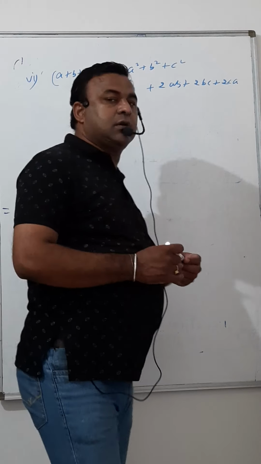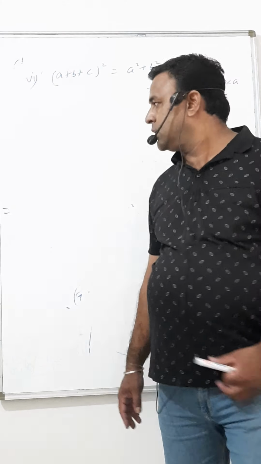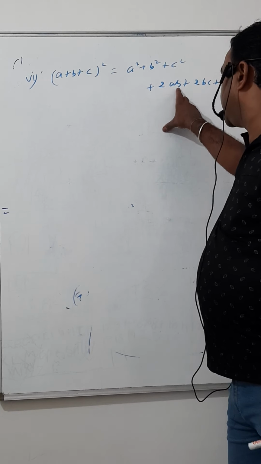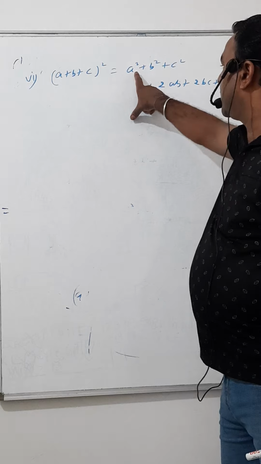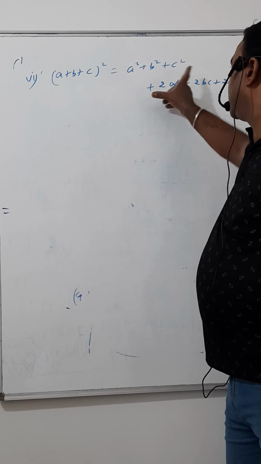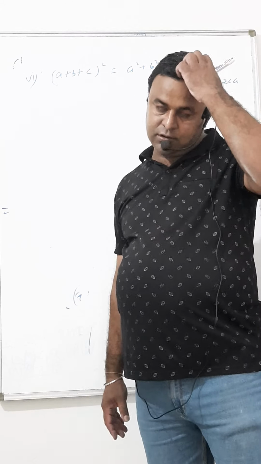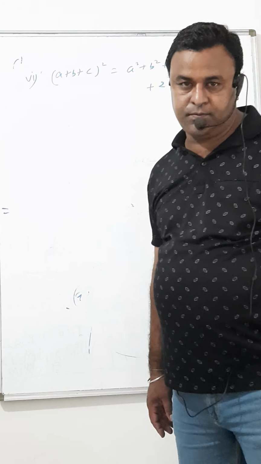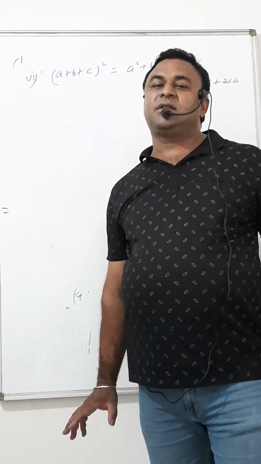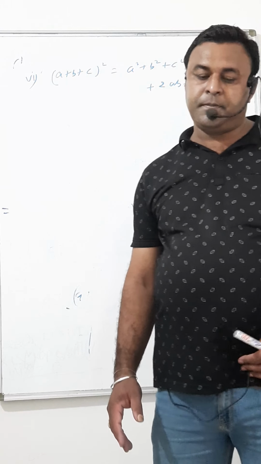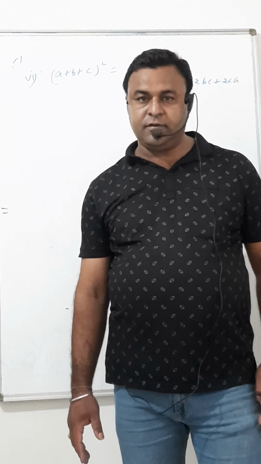Look, every term has order 2. Here the power of a is 1, the power of b is 1, so the order is 2. Here already power 2, here 2, here 2. Got it? These are very common formulas which are easy to memorize.